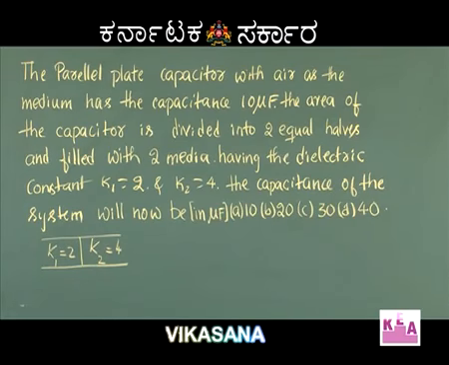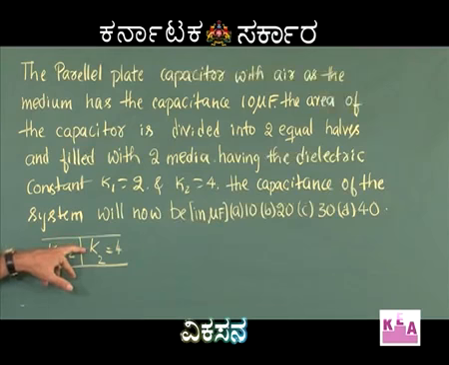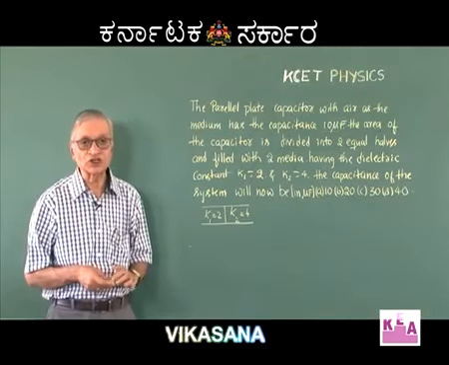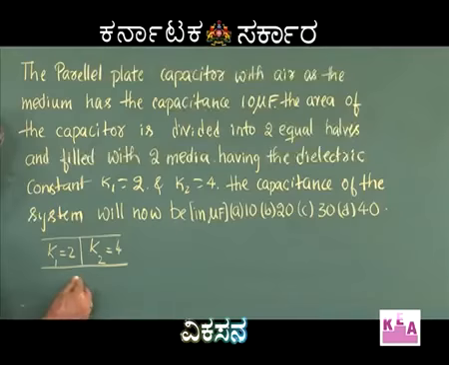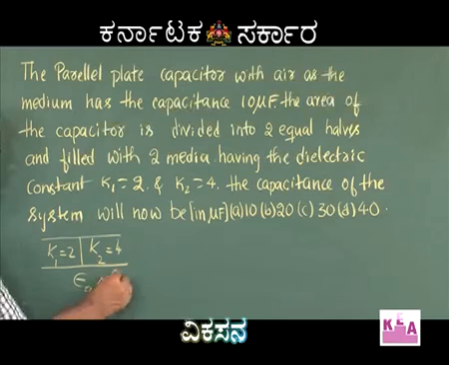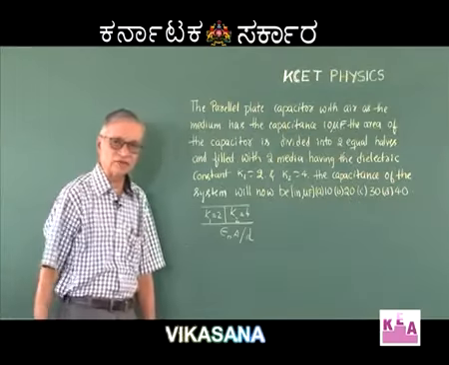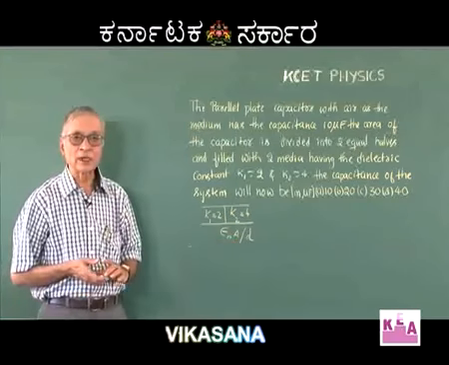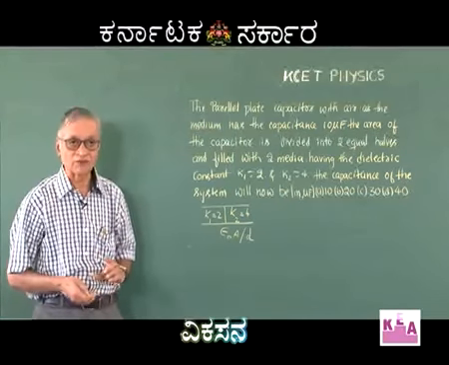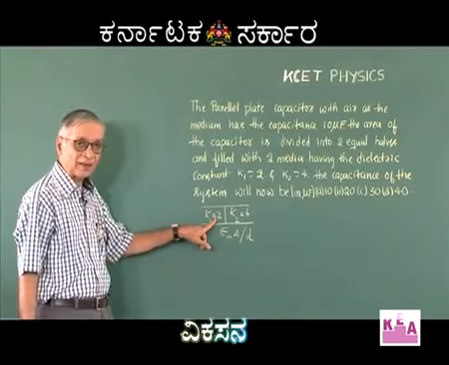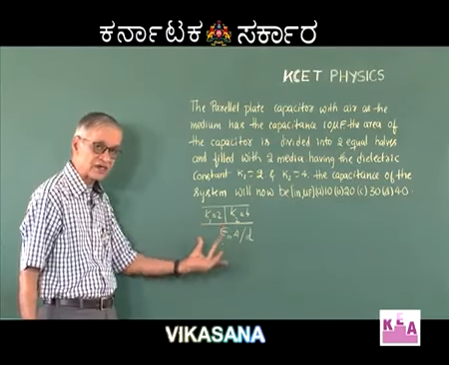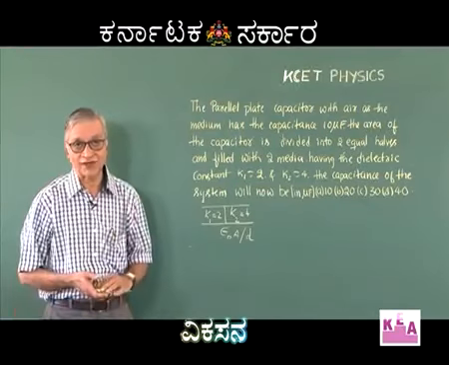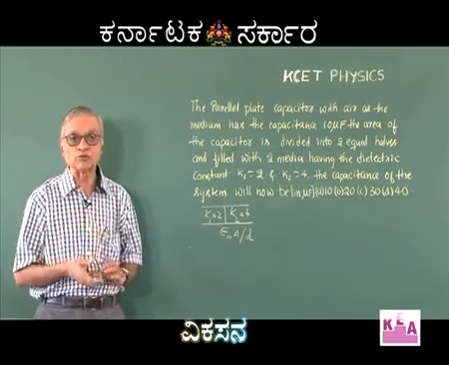If you divide it into two equal halves, the area of each capacitor becomes half of the original area. You know that capacity is given by the formula epsilon 0 A divided by D. Therefore, when the area is halved, capacity is halved. Before the dielectric is placed, the capacity of this part of the condenser is 5 microfarad. 10 divided by 2 is equal to 5.